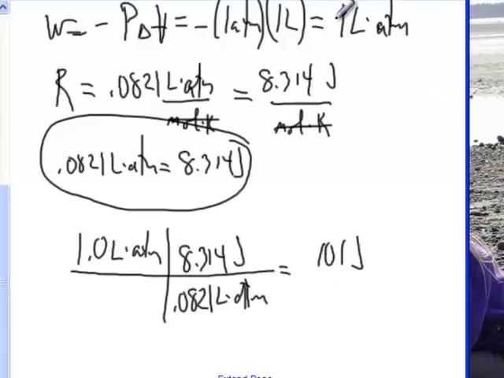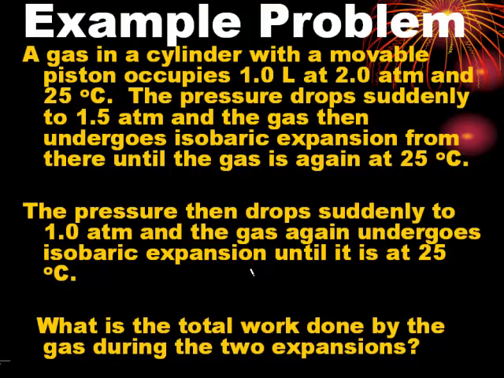I've made a little error here. This is supposed to be negative, indicating that work is done by the system on the surroundings because it's an expansion. A quick rule of thumb is because 8 is about 100 times bigger than 0.08, you can take your liter atmospheres and just roughly multiply by 100, and that's going to give you pretty close to what the work output is in joules. Let's do this next problem.